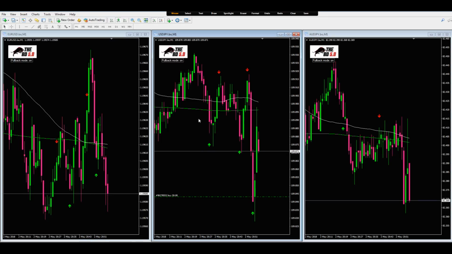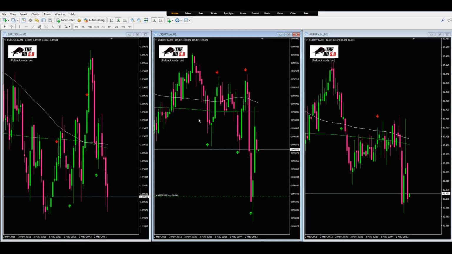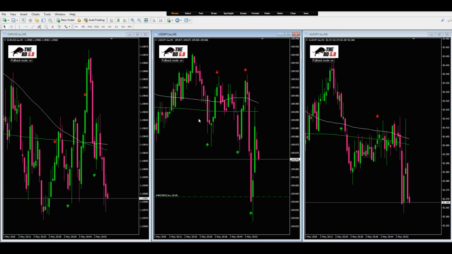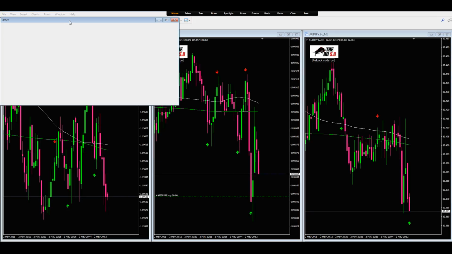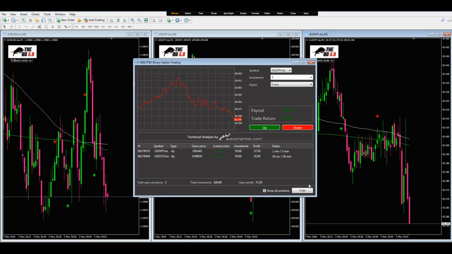What I'm doing here is I'm trying to tweak the arrows to make sure that they're right. Look, we've got another signal arrow here on USD JPY. So I'm going to get in here. Investment £50.